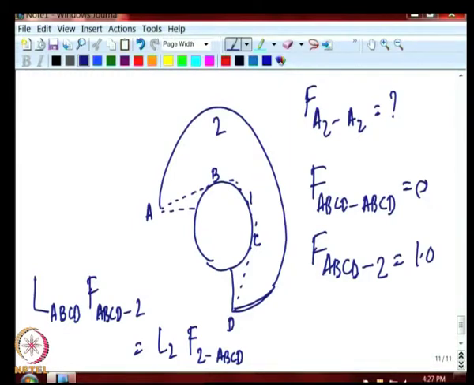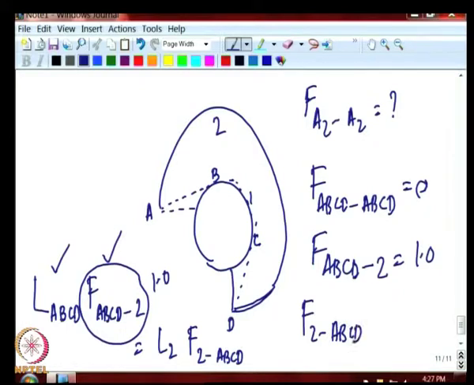Since you know the length of ABCD, and since you know F ABCD to 2 equals 1, you can obtain that F 2 to ABCD is equal to length of ABCD divided by length of 2.